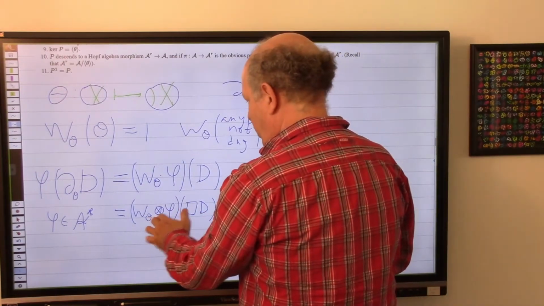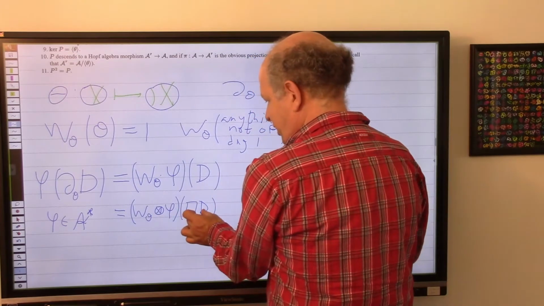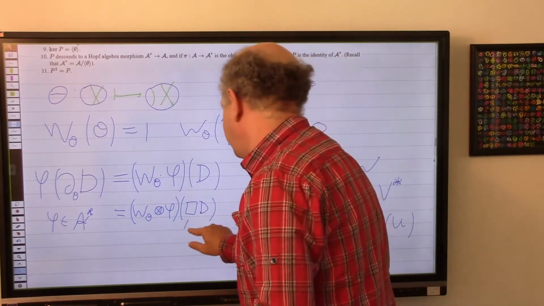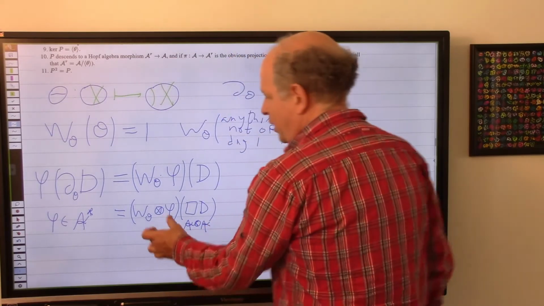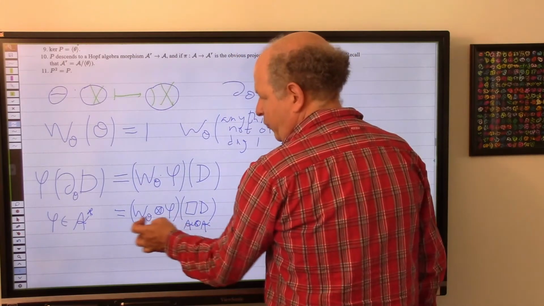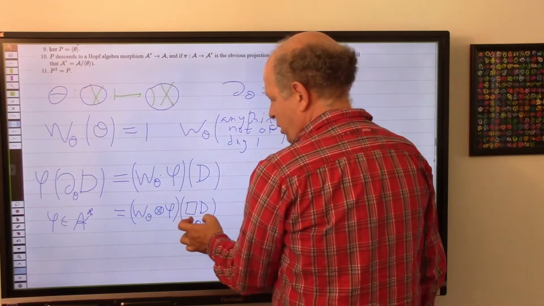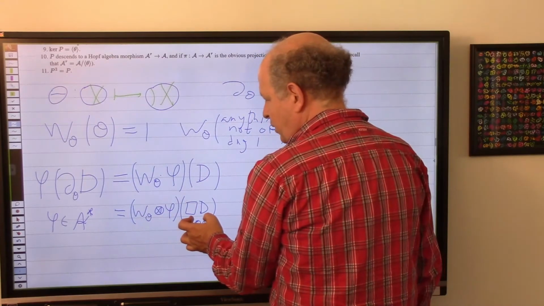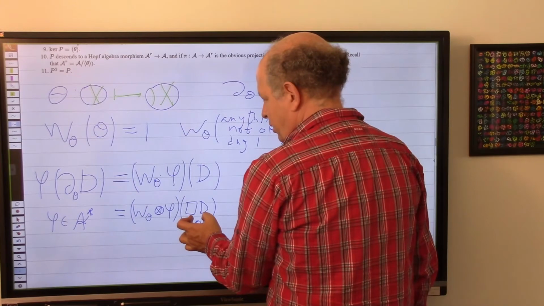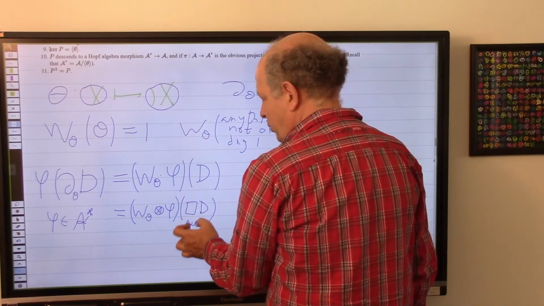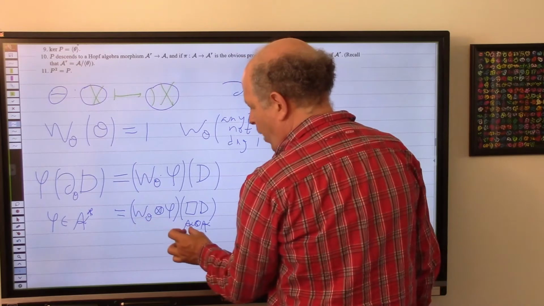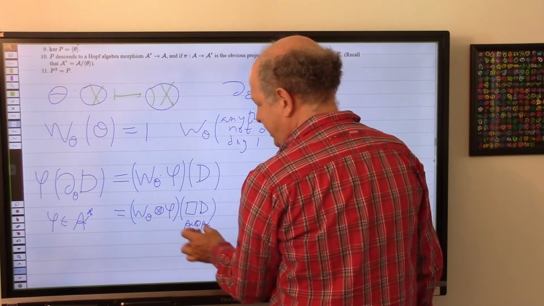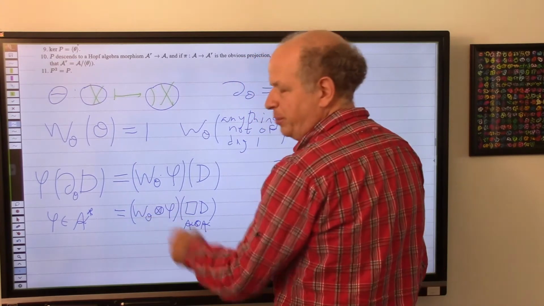The coproduct of D is in A tensor A, and you have two linear functionals on A. You evaluate one on the first component, the second on the second component, and then multiply the results.